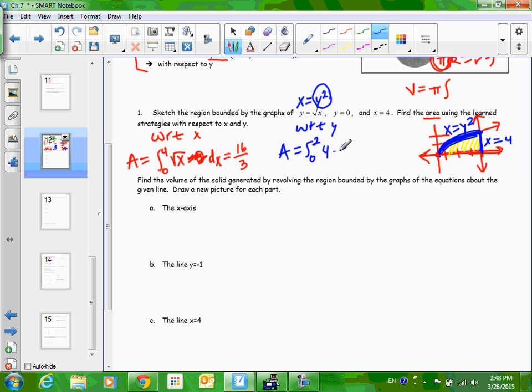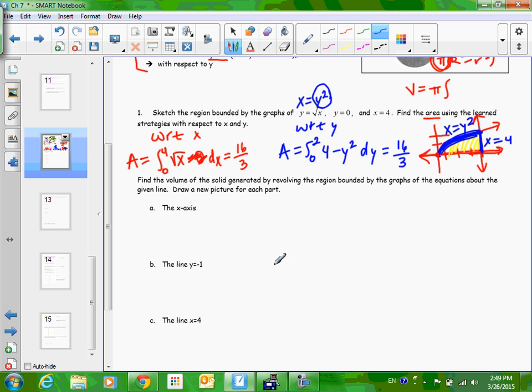So that would be 4 minus y squared, dy. You're going to type that into your calculator. And what do you think we're going to get? We should get 16/3. If we don't, one of these is wrong. So they'll be the same. For area, it doesn't matter how you do it, it should always be the same answer.